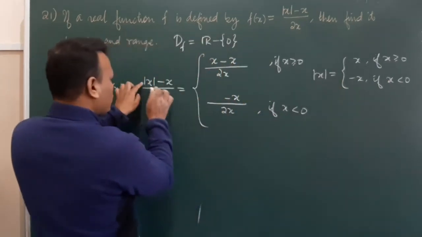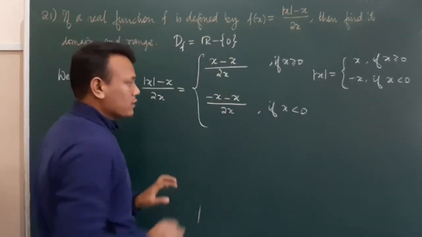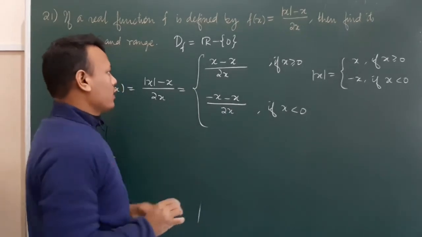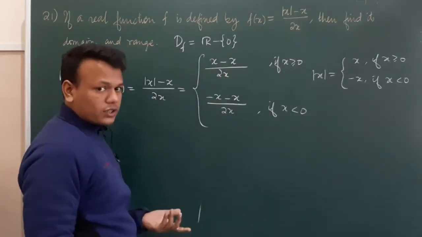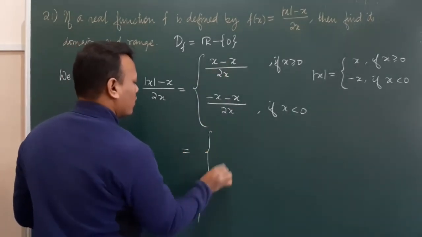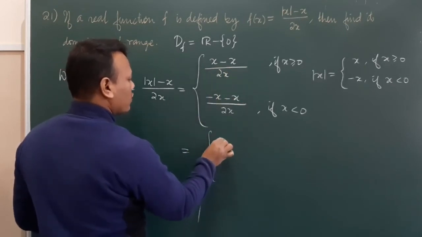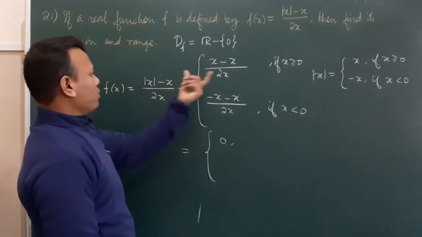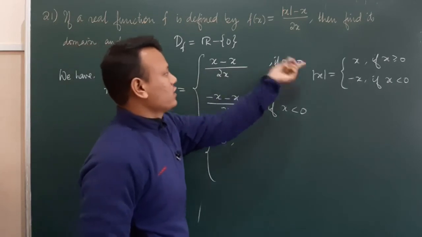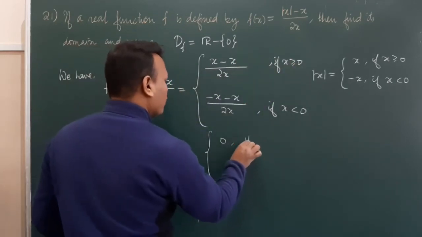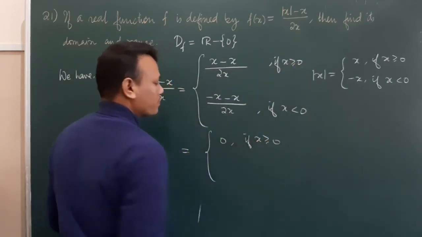So instead of modulus x, I am writing minus x here. Now x minus x is how much? It is 0, isn't it? So we have 0 by 2x, which is 0. That means f(x) will be 0 if x is positive, that is, if x is greater than or equal to 0.